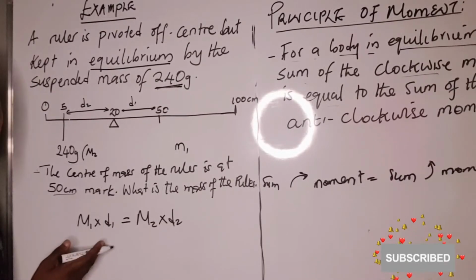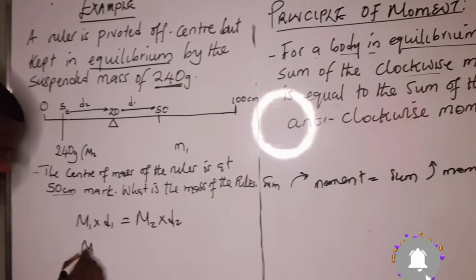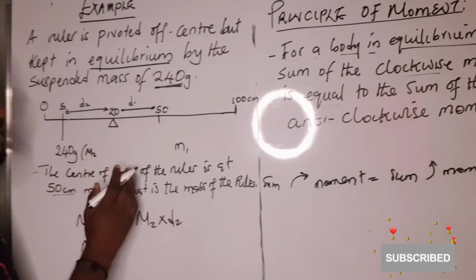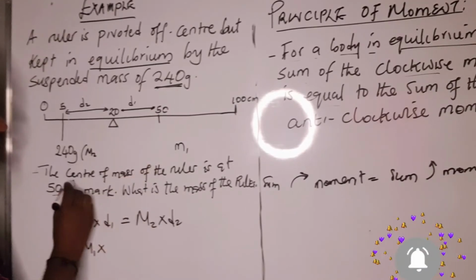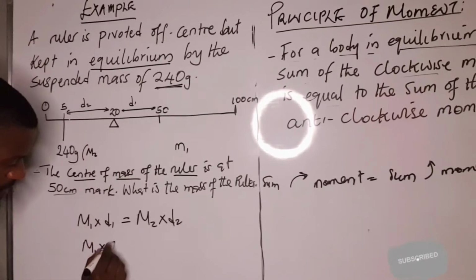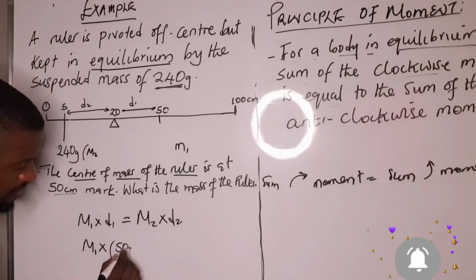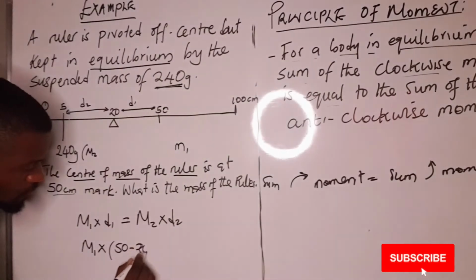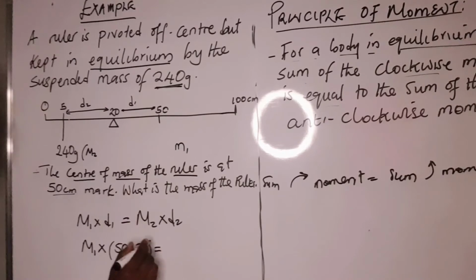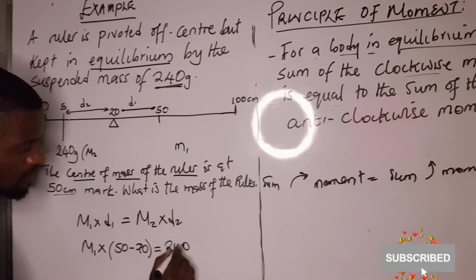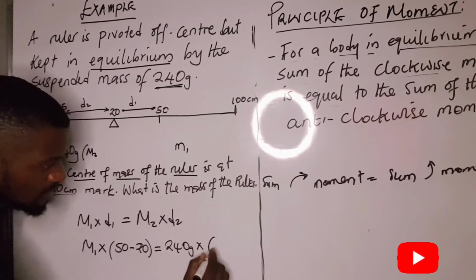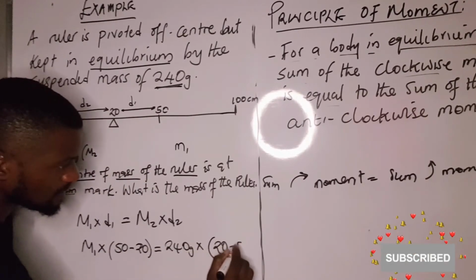So our M1 here is the mass of the ruler, times distance 1. Distance 1 is the distance from the center of mass of the ruler to the pivot. So in short, we are saying (50 minus 20), we close the brackets, which is equal to M2, that is the 240 grams, which is given, times the distance, which is 20 minus 5.